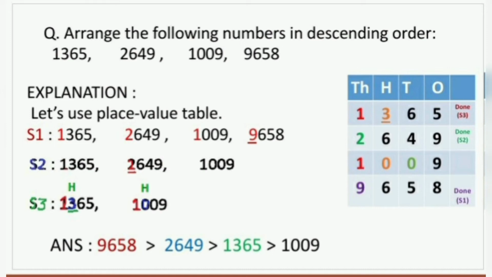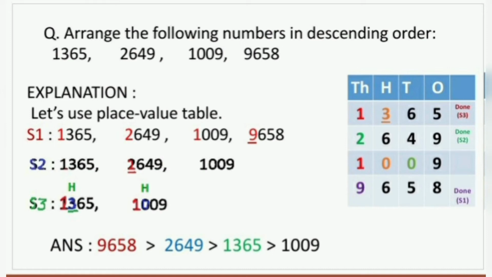Okay, so the first number, when you arrange it in descending order, will be 9658, which you can see in the answer step. Okay, so first number is already arranged. Now come to second step, that is now you are left with three numbers: 1365, 2649, and 1009.